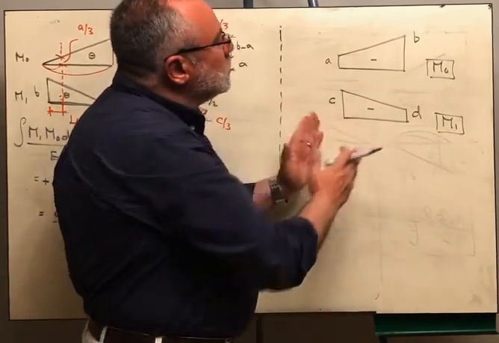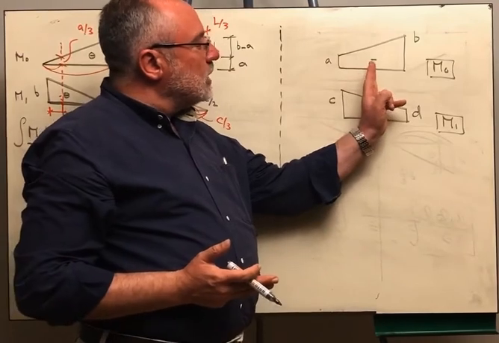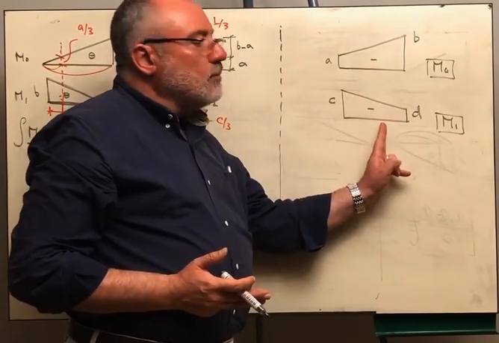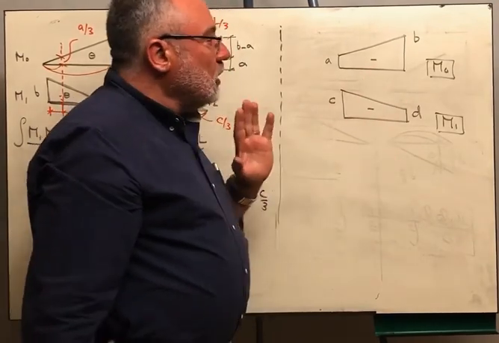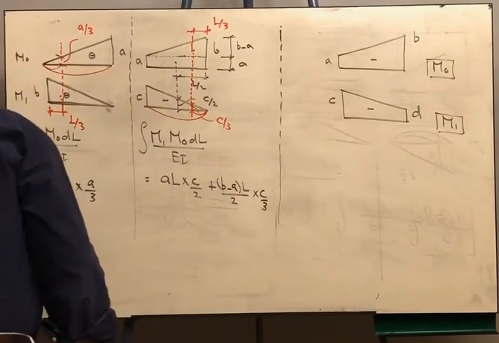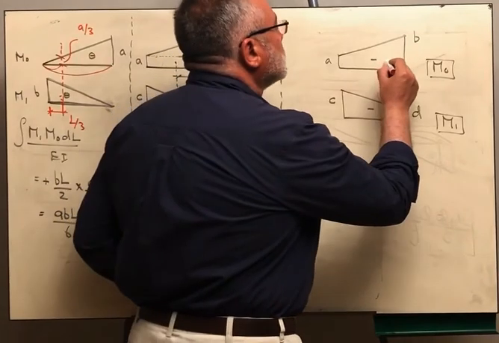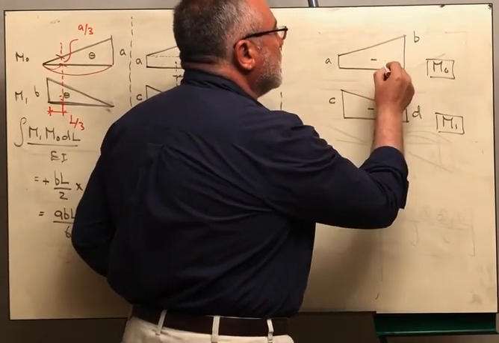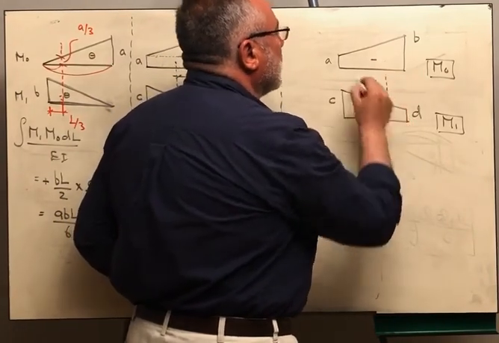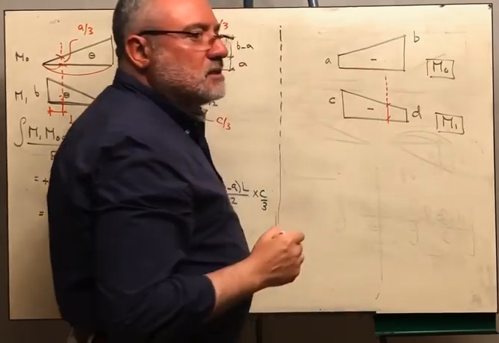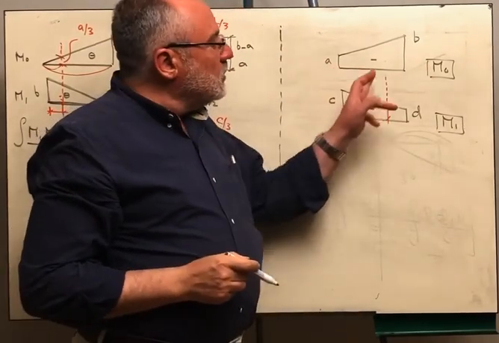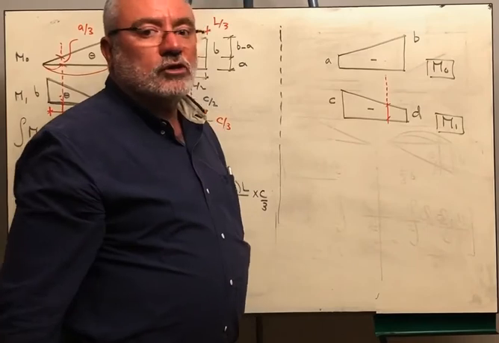This is a portion of the beam where M naught diagram looks like that and the corresponding M1 looks like this. The ideal method is that I should get the location of the centroid of this trapezium and multiply the area of the trapezium, which is average base times height, multiplied by the respective ordinate to that.